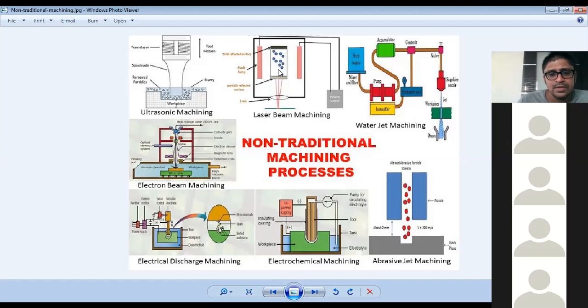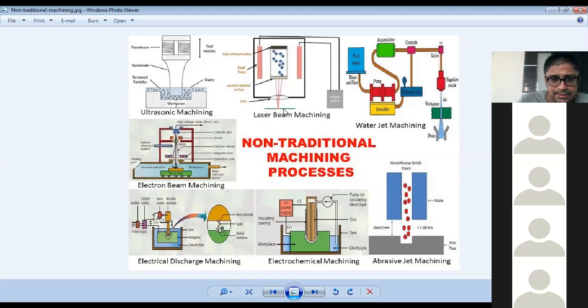So instead of your cutting tool, you can put a laser source and have CNC laser beam machining. Laser beam is known as a versatile technique for machining.